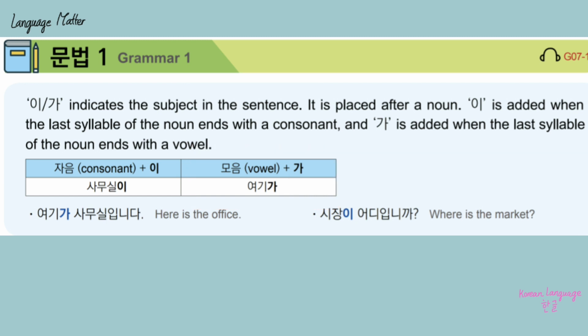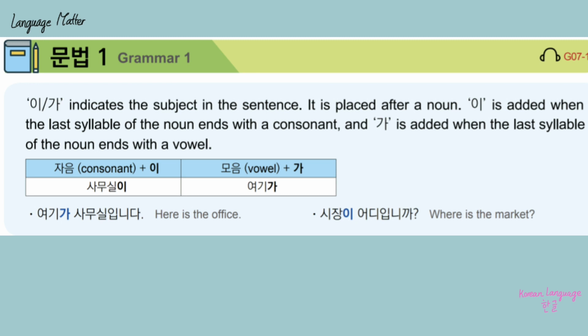If you're not sure, look at it again. What's the final sound in office? 사무실. 릴, right? 르. So we need 이 next because it's different. They're opposites. And what's the final sound in 여기? 이, right? So we need 가 next because they're opposites. That makes the pronunciation clear.